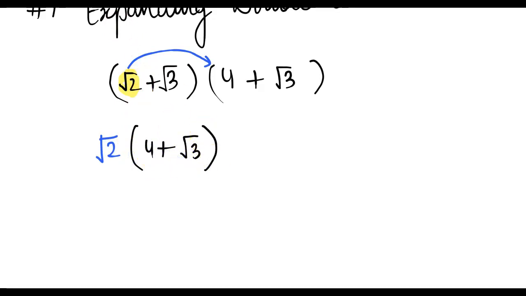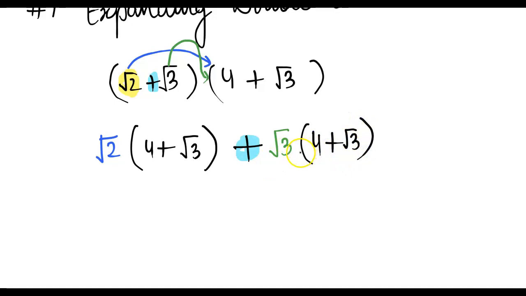Then we have a plus over there, so this plus is going to be copied. Now the other member, that is root 3. This root 3 is going to meet all the members of the bracket, 4 plus root 3.